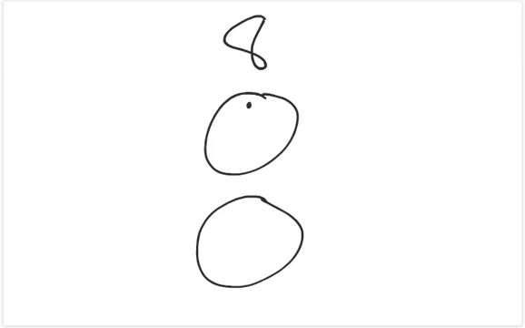So I've got my centrioles and my short little spindle fibers, and then half of the orange one goes this way, half of the orange one goes that way, half of the little red one.